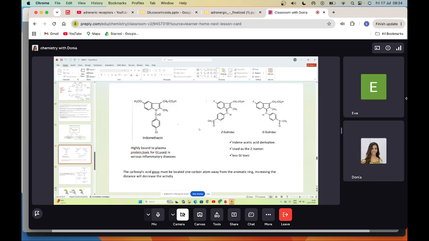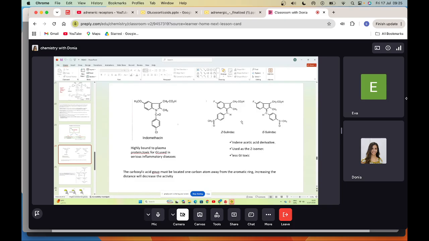Sulindac is less GIT toxic. Why? This goes to the coming slide. Actually, sulindac in its shape like this is a prodrug. It's not active. It's activated after its metabolism. So when it is given, it's not active in this form, so it will not cause the GIT dual effect.